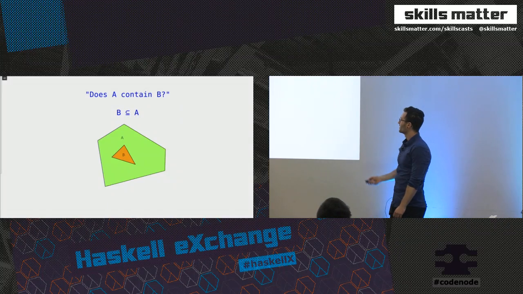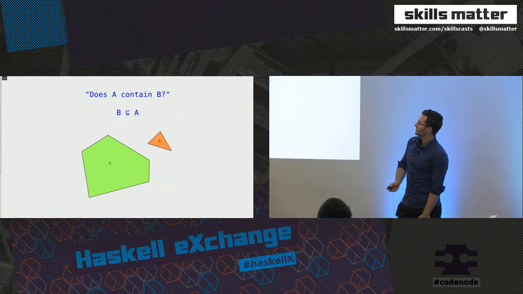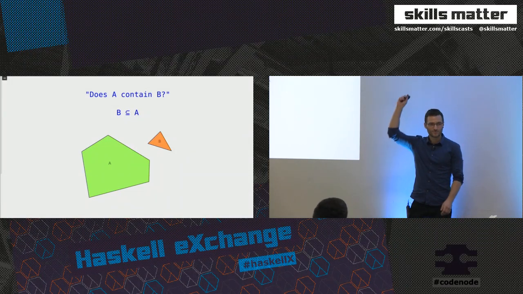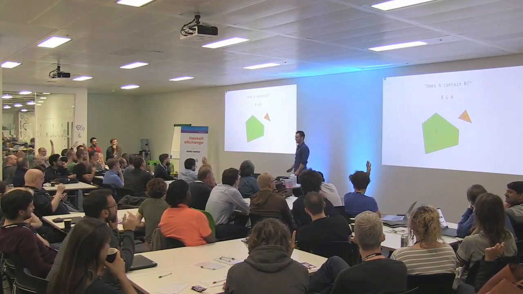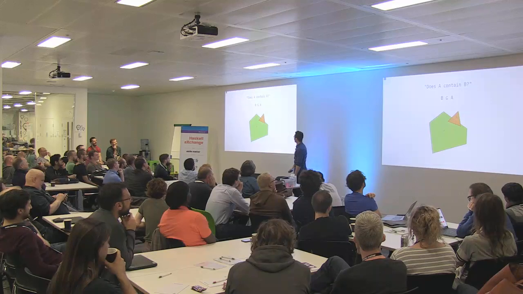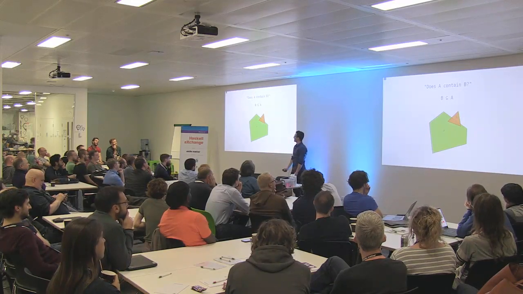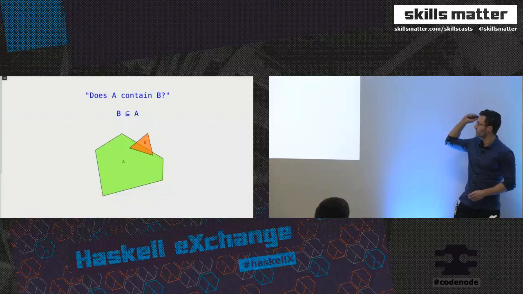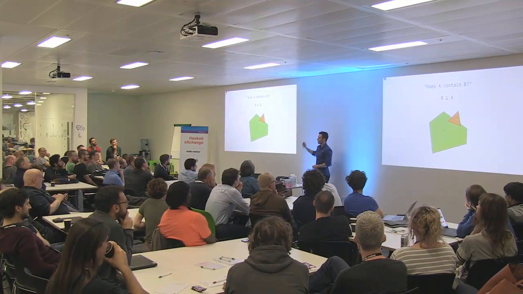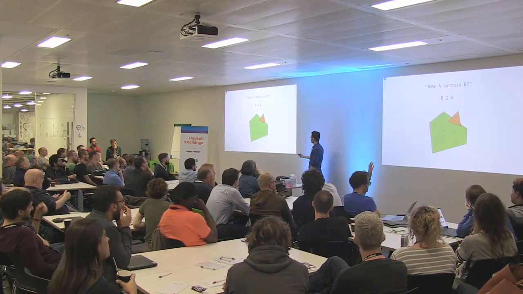Yes, great. All right, how about now? Does A contain B? Hands up. No. Does A not contain B? Great, wonderful. Now it gets trickier. Does A contain B? Think about it for a second. All right, hands up for yes, it does. Hands up for no. This is too easy.